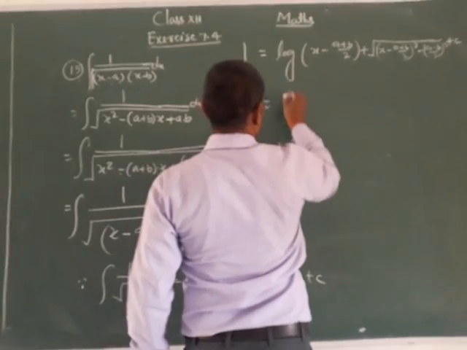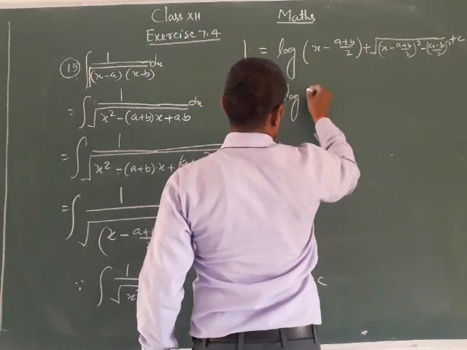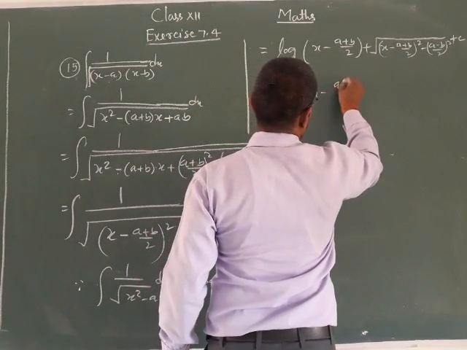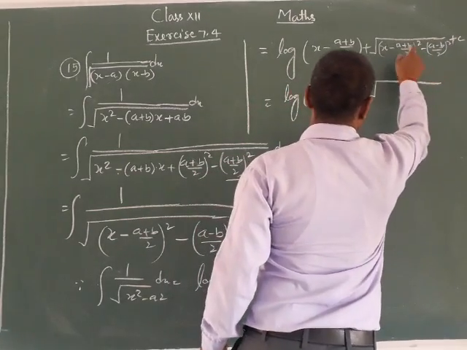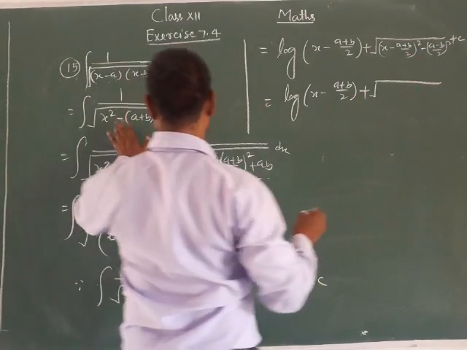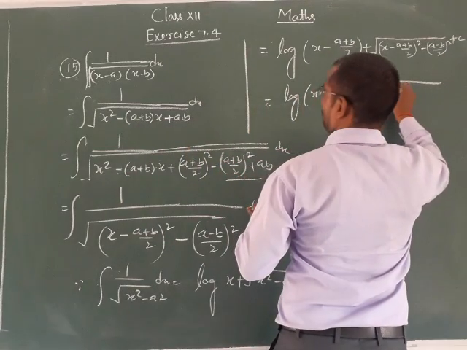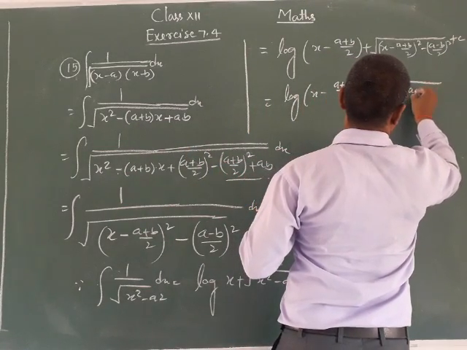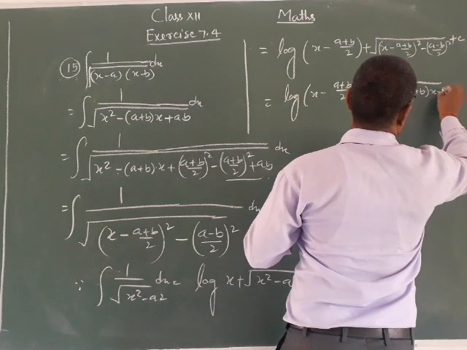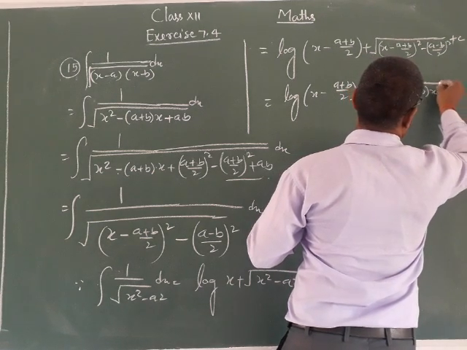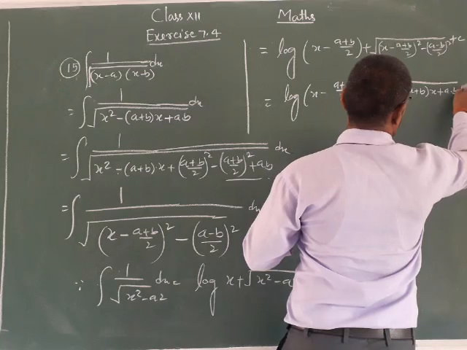Now you can write log of x minus (a plus b) upon 2, plus, in the original form, root of x square minus (a plus b) x plus a into b, plus c.